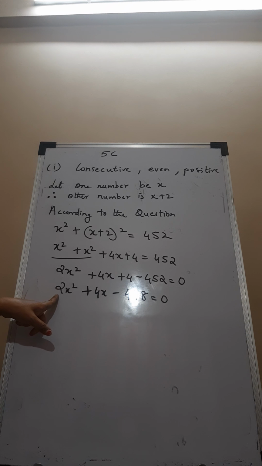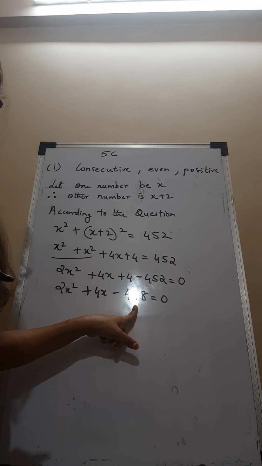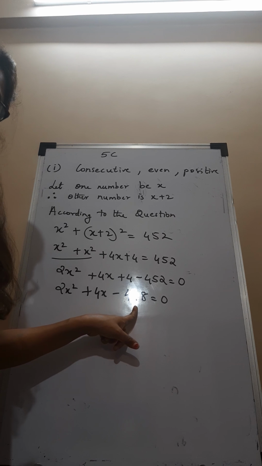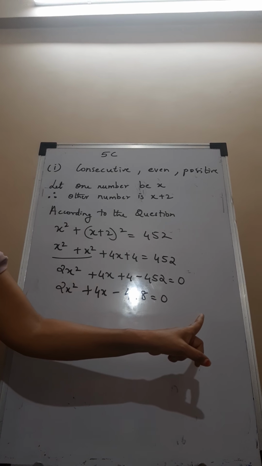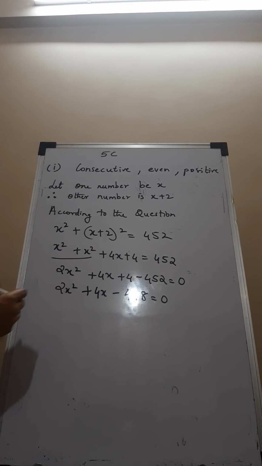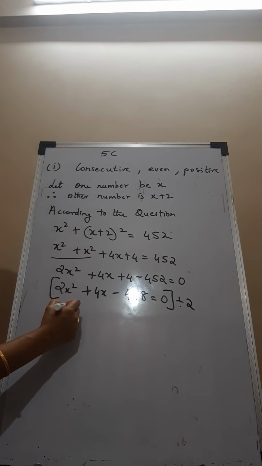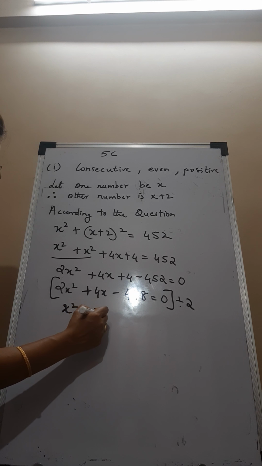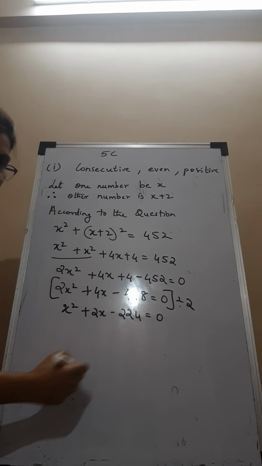Now if you observe the equation, all these numbers can be divided by 2. So to get a simpler equation so that your factorization becomes easier, you will divide the entire equation by 2. So you will get x square plus 2x minus 224 is equal to 0.